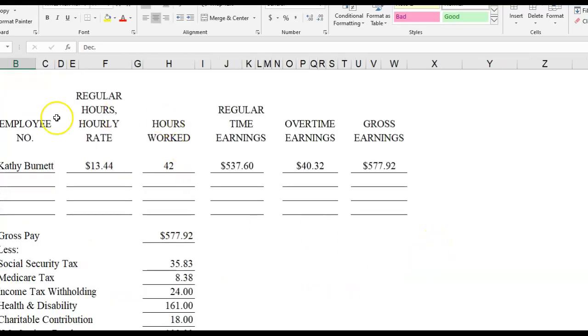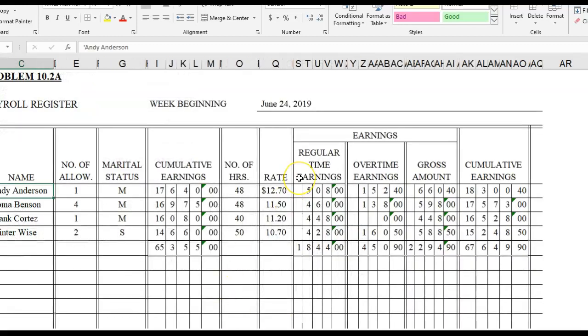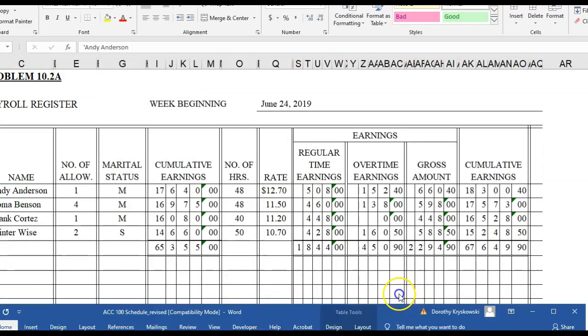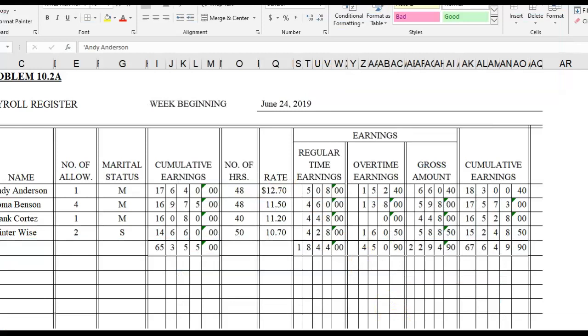This is just for you to figure out in the table what the earnings were and journalizing them, the payroll for the week. Then it was 2A, I believe, which was just figuring out the math. Then there was, no, that was 4A, 1B, 2B, 4A. I gave you guys 4A.